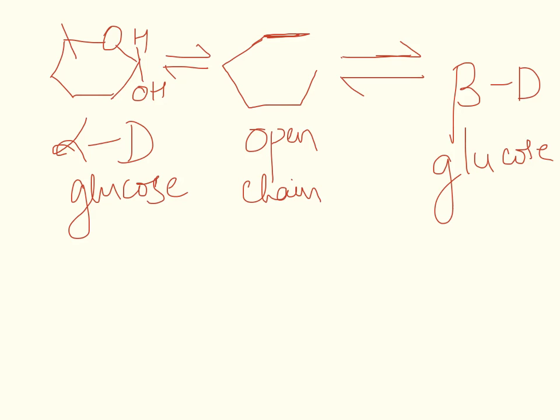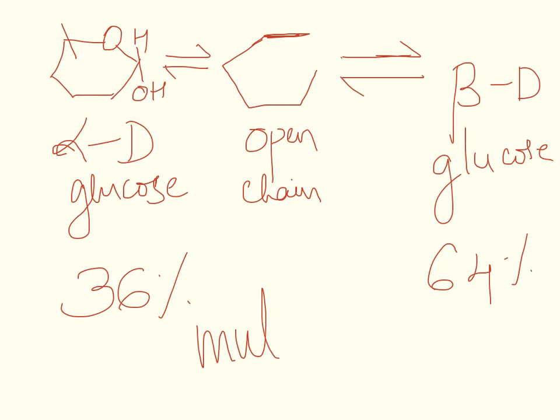So in solution, roughly at equilibrium, there is 36% of alpha and 64% of beta form. And this opening and closing, or the formation of alpha and beta anomers, is known as mutarotation.